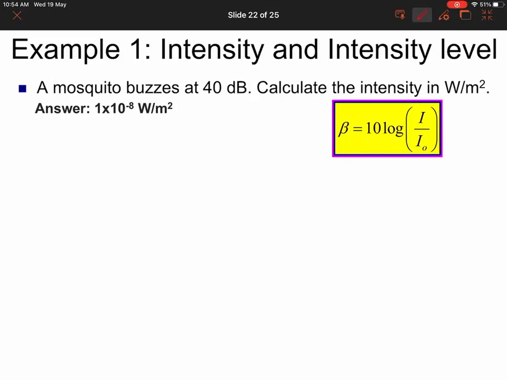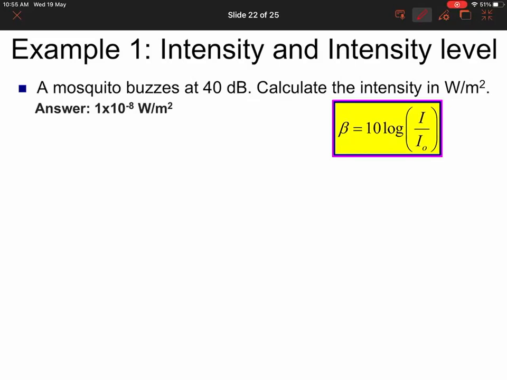Okay, so let's work through this. Hopefully you already have the idea that for you to isolate I, you need to get rid of the log. Before you can get rid of the log by doing an exponential function, you need to have log by itself, meaning you have to get rid of this 10, because it's 10 times the log of I over I naught.